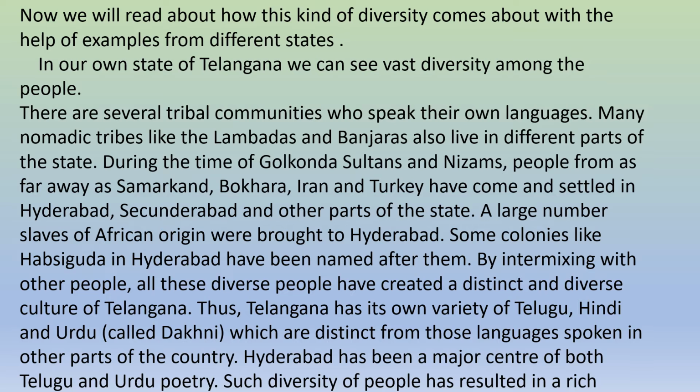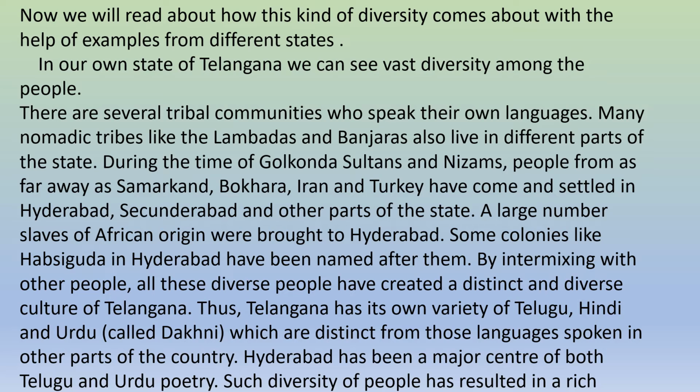A large number of slaves of African origin were brought to Hyderabad. Some colonies like Hapsigoda in Hyderabad have been named after them. Hapsi in Urdu means a person of African origin. By intermixing with other people, all these diverse people have created a distinct and diverse culture of Telangana.